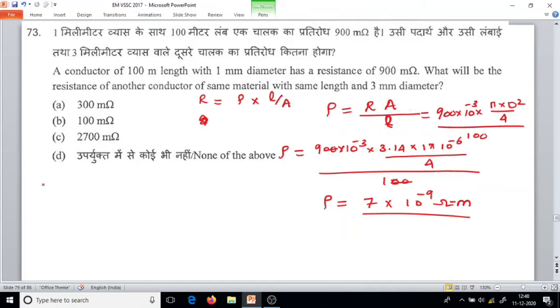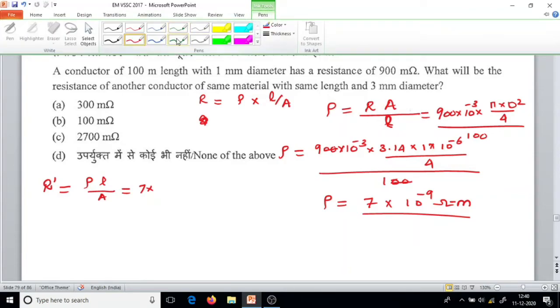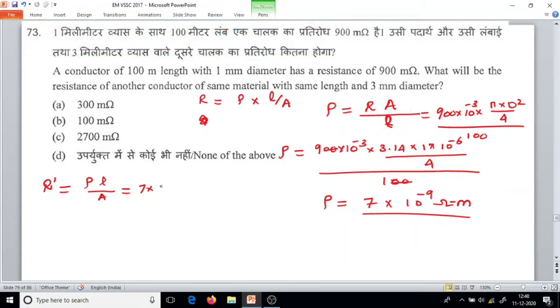Now for the second material, we have to find the resistance. I'll take it as R dash. What's the R dash equation? Rho L by A, which is equal to 7 multiplied by 10 to the power minus 9 multiplied by L, which is 100 meters, divided by pi d square by 4.